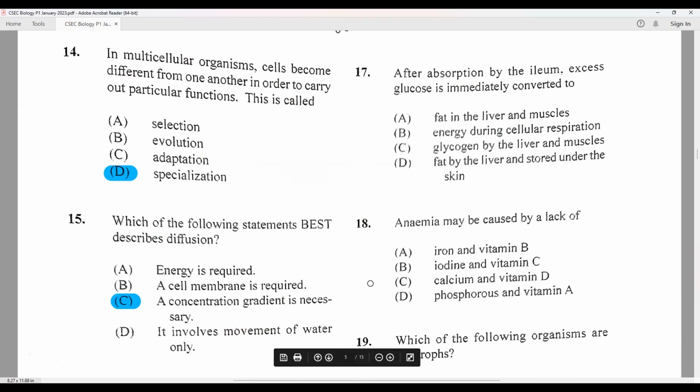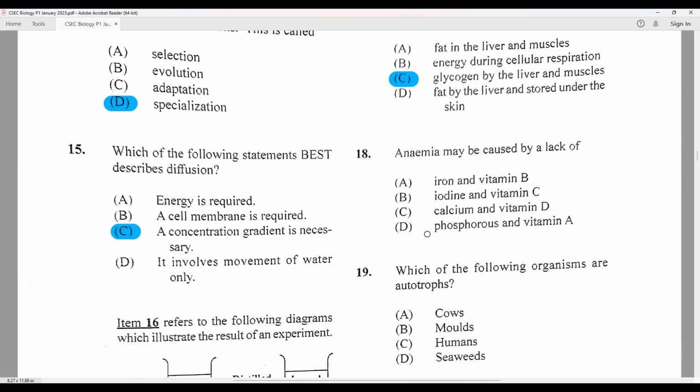Question 17. After absorption in the ileum, excess glucose is immediately converted to be stored in the liver and the muscles as glycogen. So C is the answer. 18.